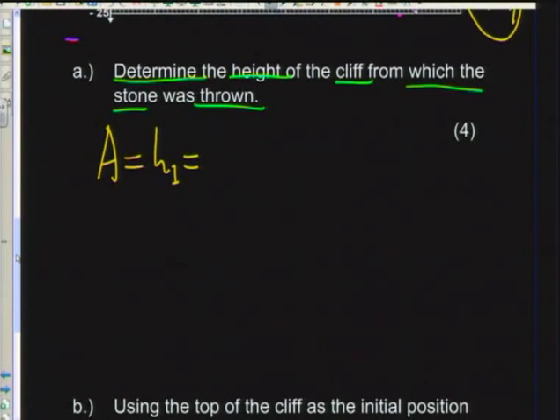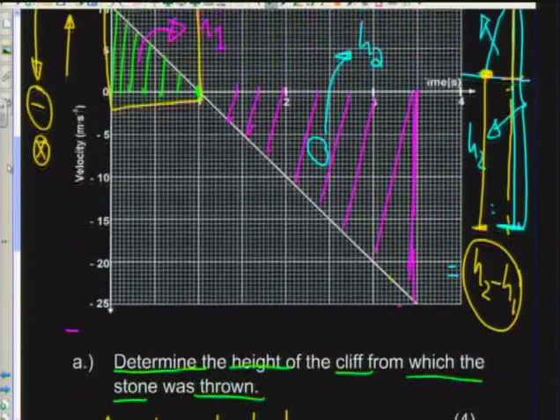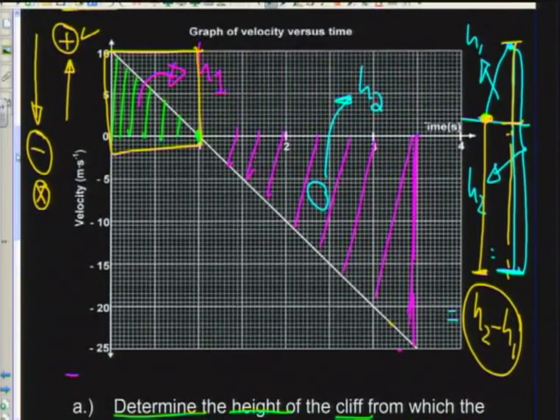You've got a triangle, and it happens to be a right-angled triangle, so its area can be found by this formula, half base times height. Now, what is our base? It is from 0 to 1. So the base here is 1. The height here is from 0 to 10. So the height here is 10.